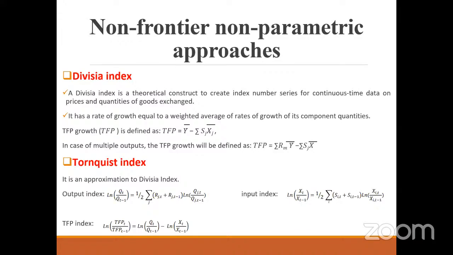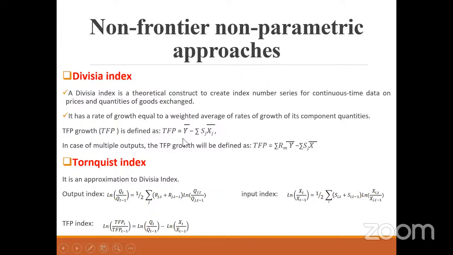The Divisia Index is a theoretical construct to create the index number series for continuous time series data on prices and quantity of goods exchanged. It has a rate of growth equal to the weighted average of rates of growth of its component quantities. Like TFP equals the rate of growth of output minus the summation of the share of inputs times the rate of growth of inputs.